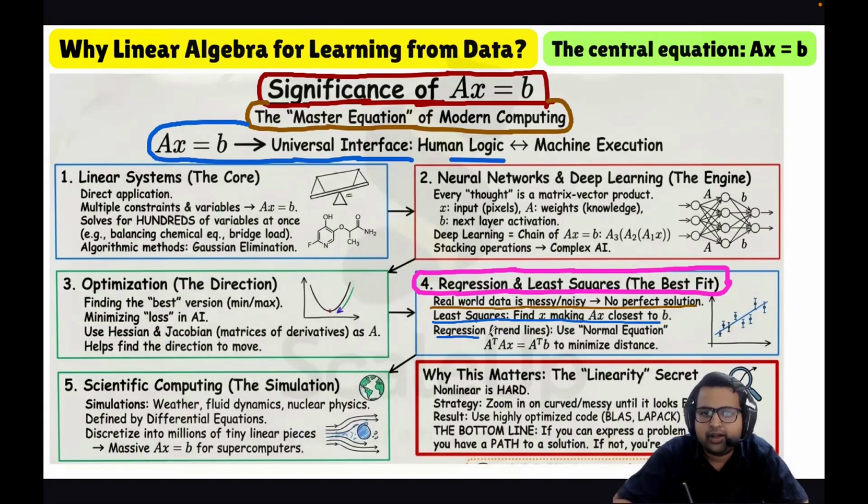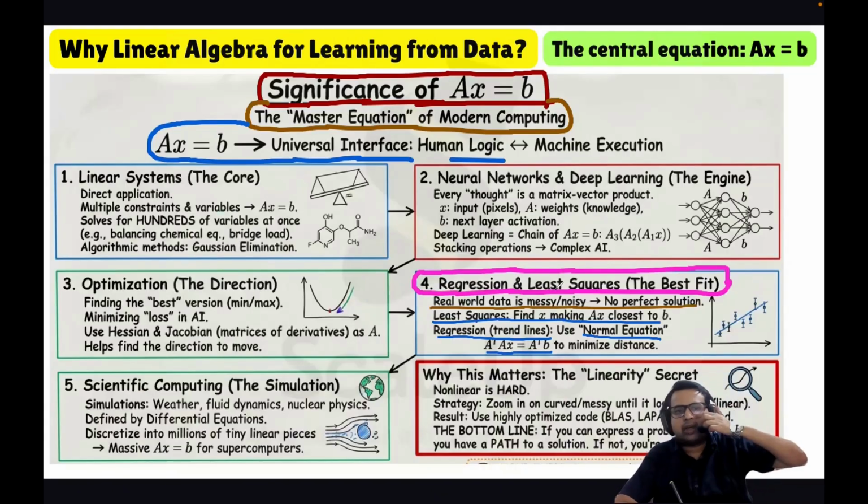Similarly, in regression, this is the math behind trend lines. In regression, we are predicting a continuous value, like stock prices or housing trends. And in regression, we make use of a normal equation: A transpose A x equals A transpose B. So what we are doing with the master equation Ax equals B is multiplying both sides with A transpose.